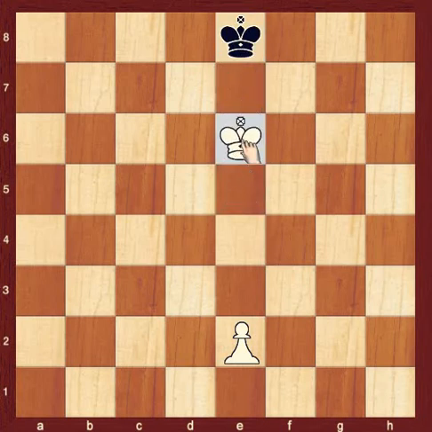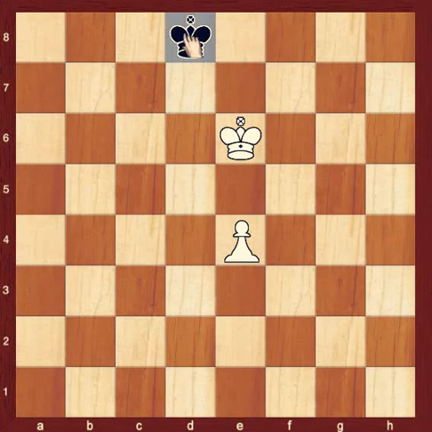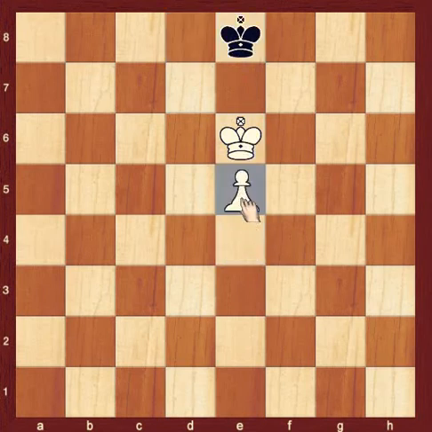You should play king to e6. When your king reaches the 6th rank, then you can move your pawn. See here, king d8, e4, king e8, e5. It doesn't matter whose turn it is.